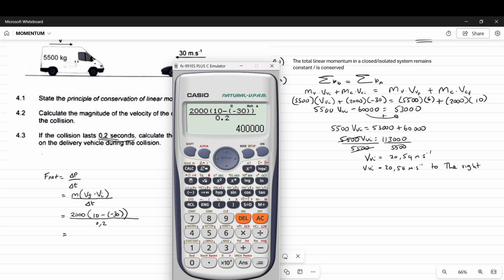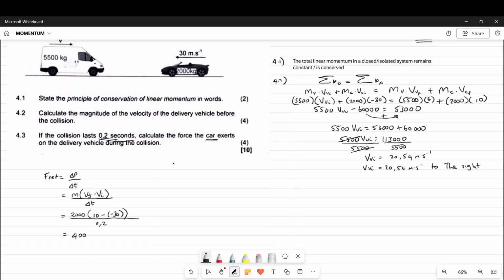Then your answer will be 400,000 newtons. So that's our force. Then you're going to come down to a conclusion. F net is equal to 400,000 newtons. Remember to indicate direction also. Because it came out to be positive, it is to the right, and that is our final answer.